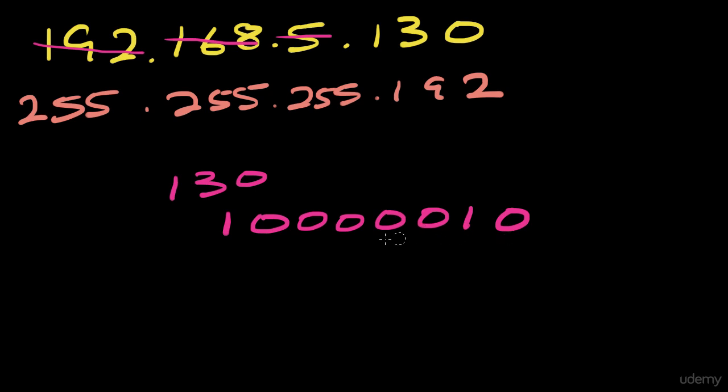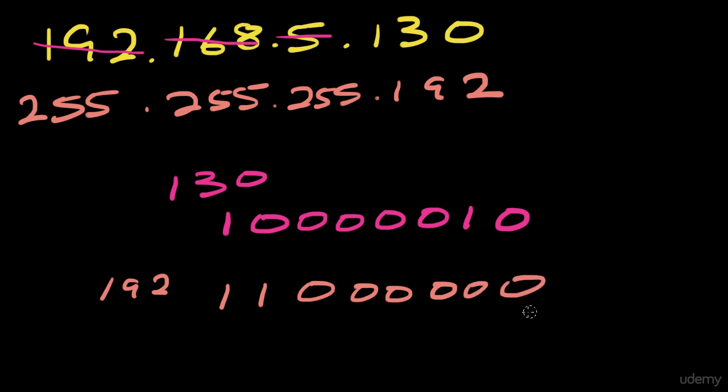This is 2, and this is 128. 128 plus 2 is 130. 192 in binary, what is that? 192 in binary is 1, 1, 0, 0, 0, 0, 0, 0. 128 plus 64, that's 192.